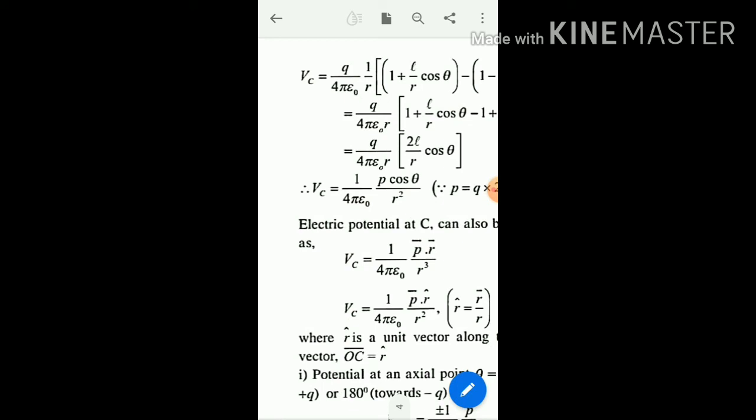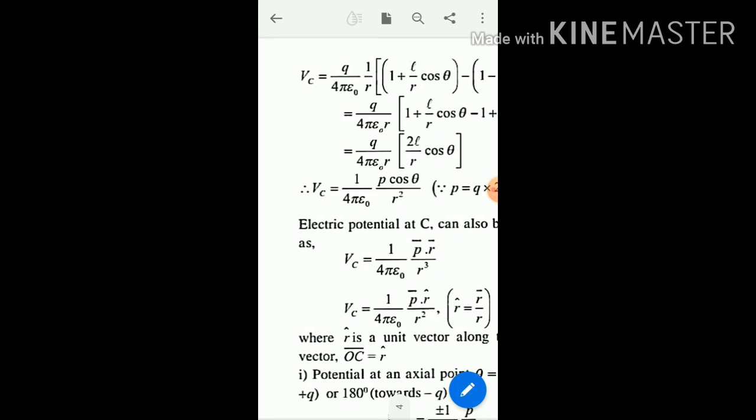Then we can write Vc equal to Q upon 4 pi epsilon 0 R into 2L upon R cos theta. Therefore, Vc equal to, simplify or rewrite this equation in terms of electric dipole. We know that electric dipole moment is nothing but P equal to Q into 2L.